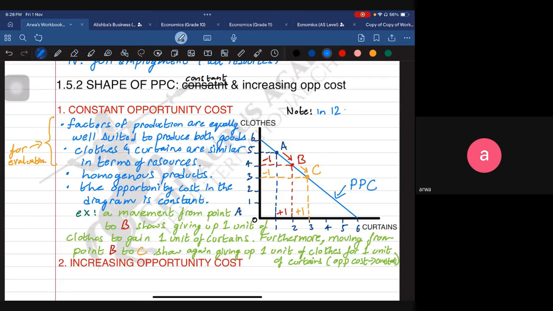Especially for 12 markers. Well, it can apply to both, even if they have not asked. In 8 or 12 mark questions, making relevant graphs, even when not asked for, improves the overall answer.